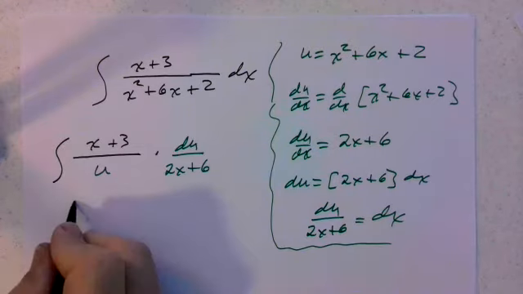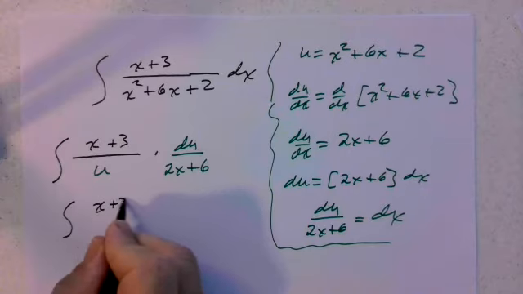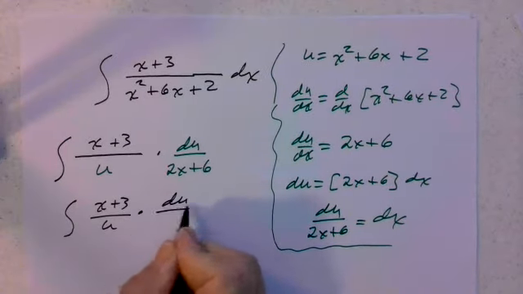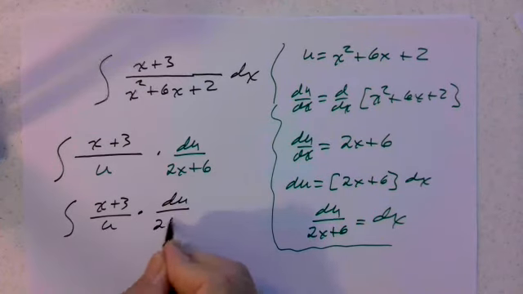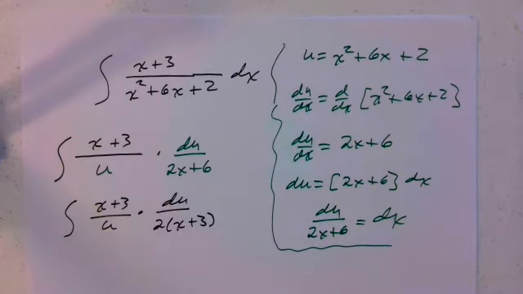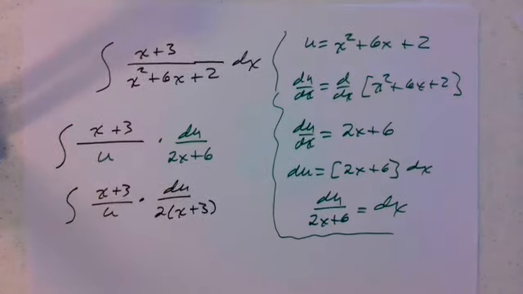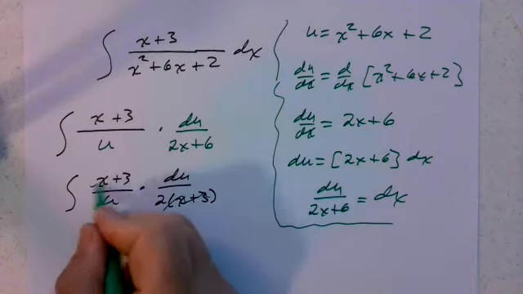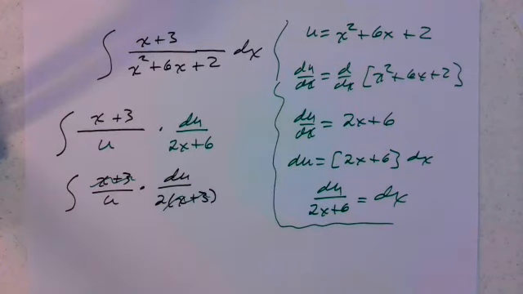So that I have the integral x plus 3 over u times du over, factoring out the 2 here, I get 2 times x plus 3. And you'll notice then that the x plus 3's divide out. So that's really integral of 1 over u times 1 over 2 du.